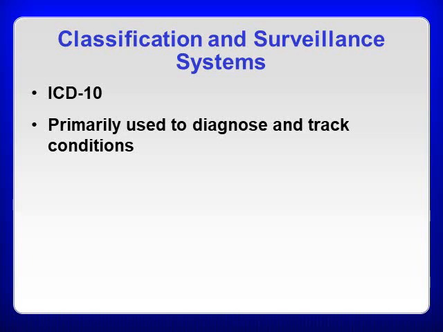It's used to diagnose and track conditions in providers seeking reimbursement. So if you're a healthcare provider seeking reimbursement, you're required to submit diagnosis codes when you're billing or requesting authorization of services or procedures. So you have to make sure, if you're doing your third-party billing, that you code everything correctly.